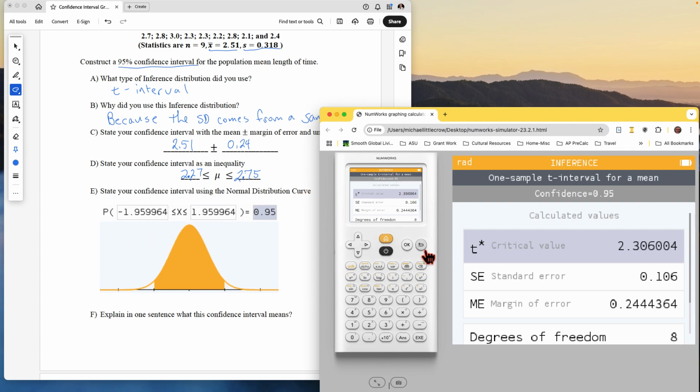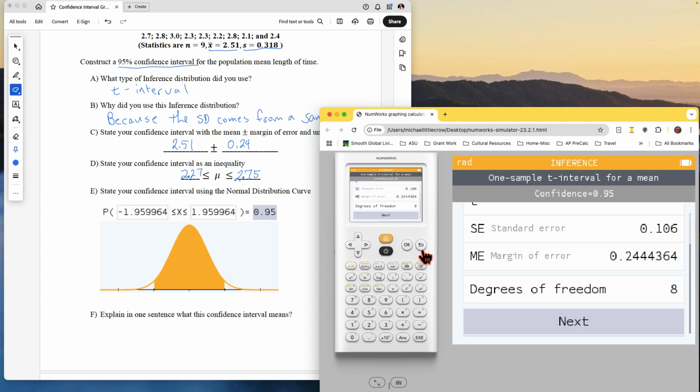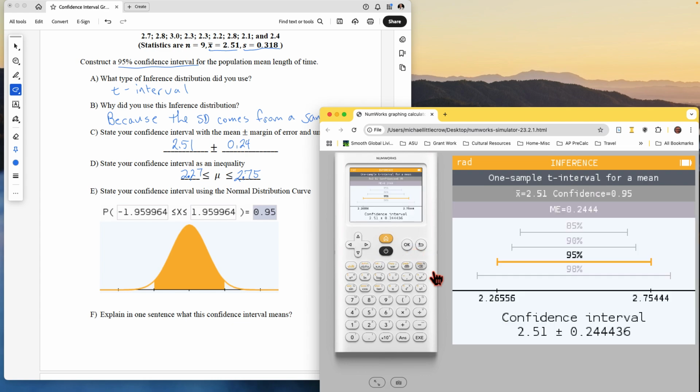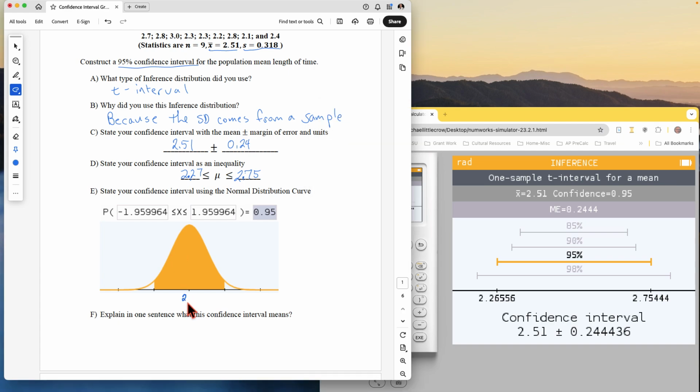So let's go next. How this is going to look, our mean is going to be 2.51, and our margin of error is added and subtracted, so we get down to 2.27 and 2.75. And we'll take that this area here is 95%. That's our 95% confidence interval. So that's what we end up with.